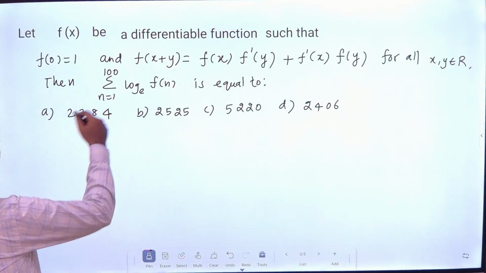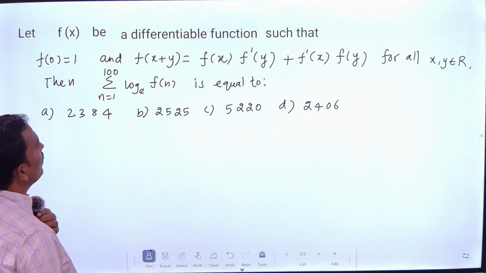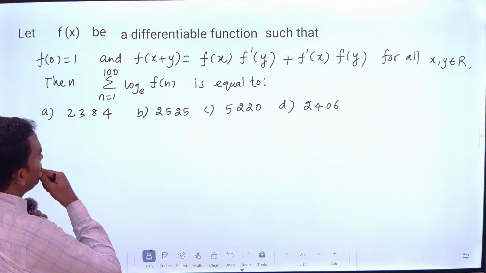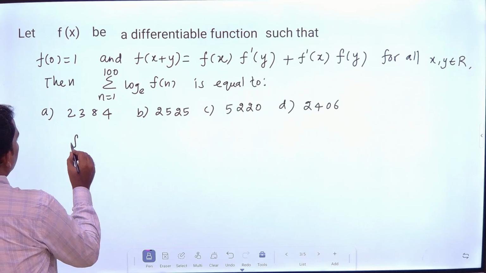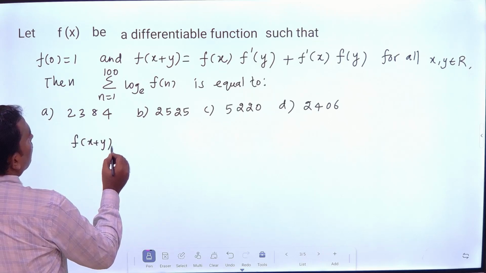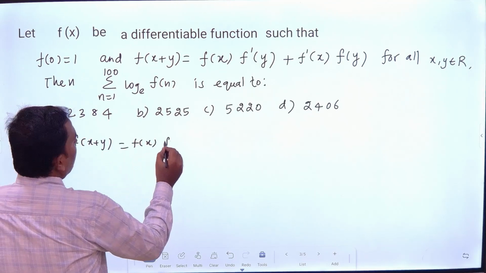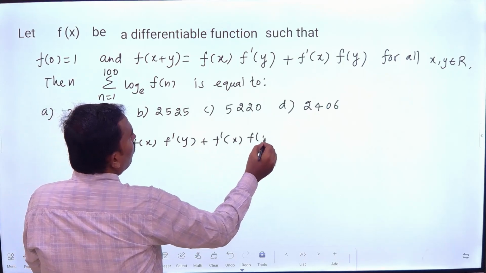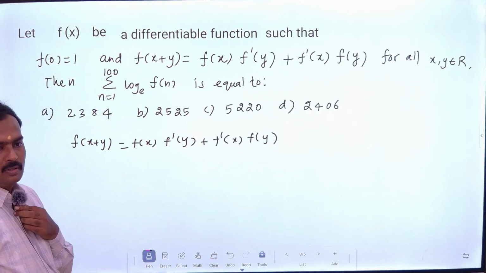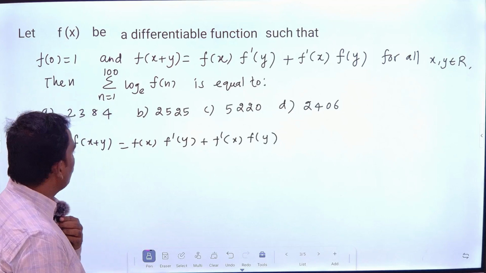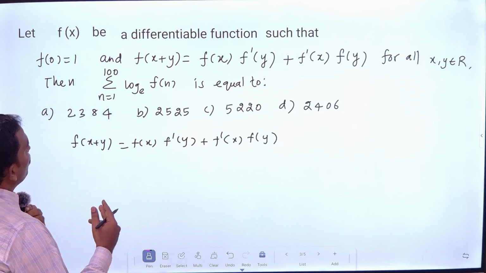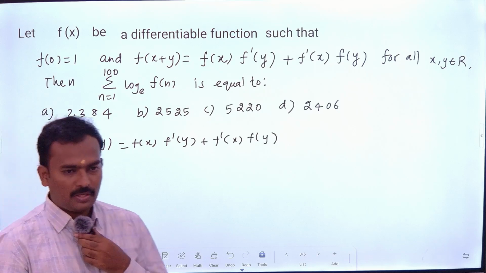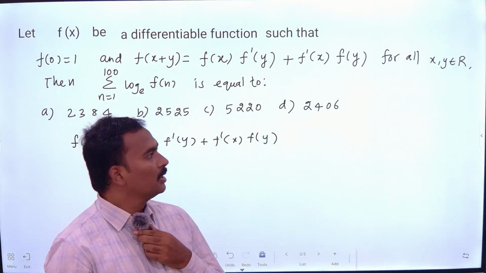Okay, this is one more functional equation and differential method question, involving how to do these questions. Let's take f of x plus y is equal to f of x f dash of y plus f dash of x into f of y, right? So ultimately our target is to find f of x. How to find f of x?